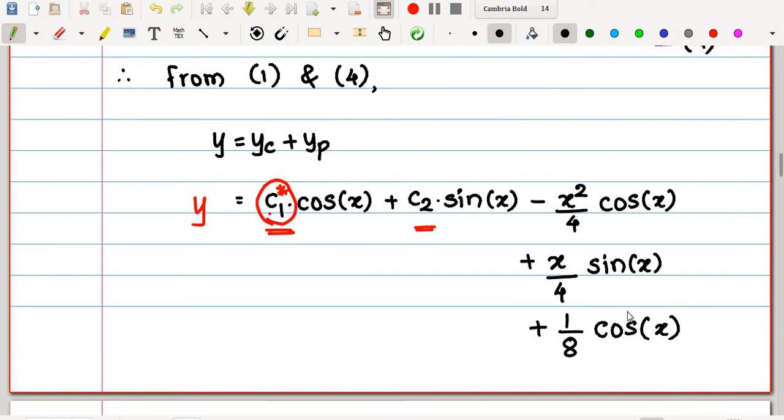Both solutions are correct. The 1 upon 8 constant is taken care of by this c1. So it is your call whether to include it in your solution or exclude it. So thank you.